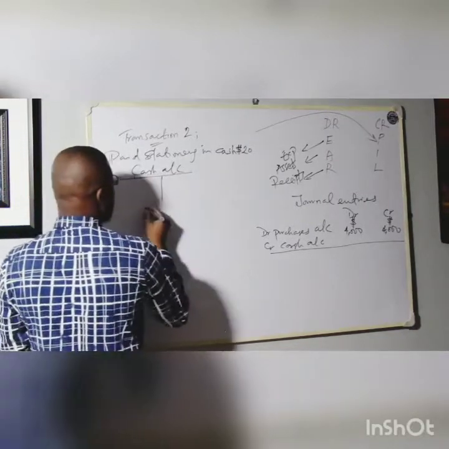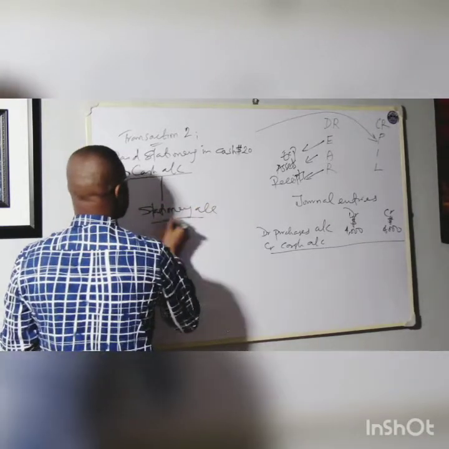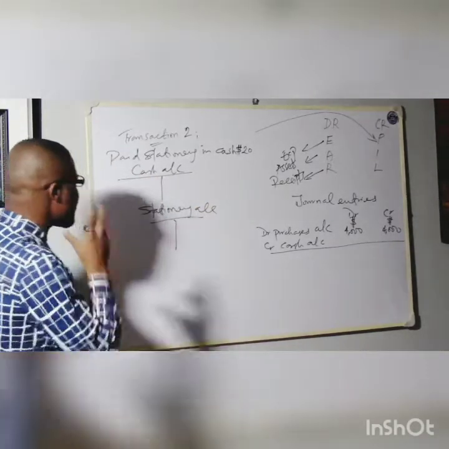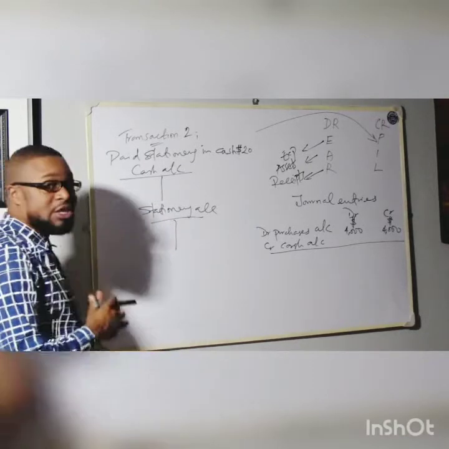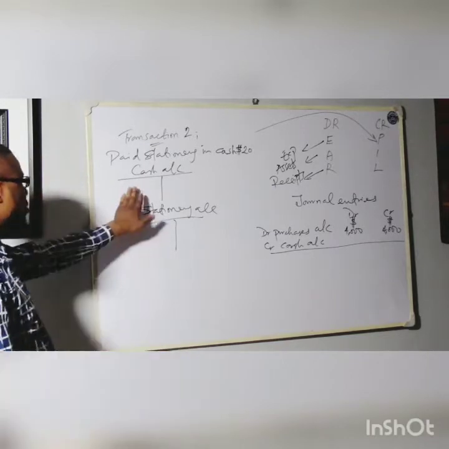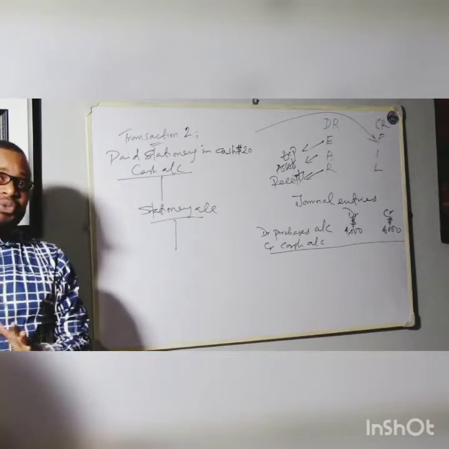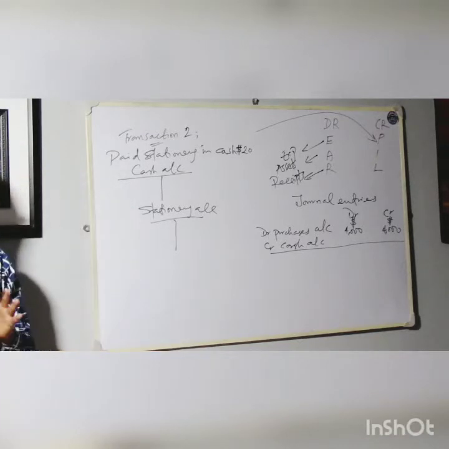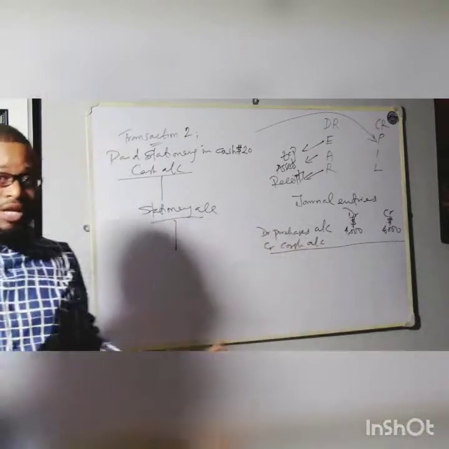So you open your cash account, and next is the stationery account. So look at it. 2 things happen. The business bought stationery, and at the same time, the business made a payment of cash. We talked about this in the last transaction, that in the cash account, there are basically 2 things that can happen. It is either you receive money into your cash account, or you pay money out of your cash account. Nothing more.